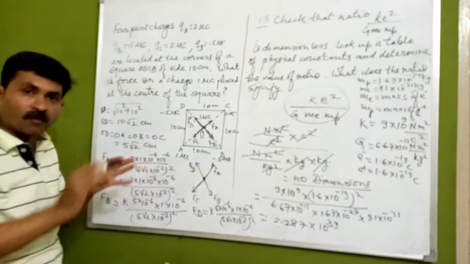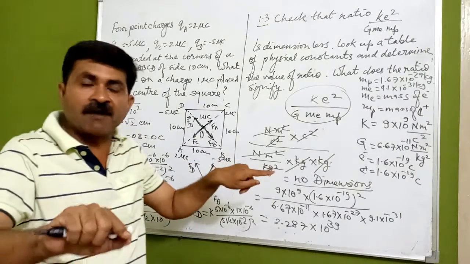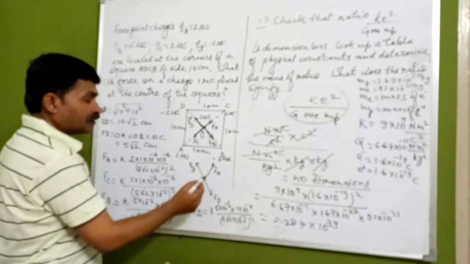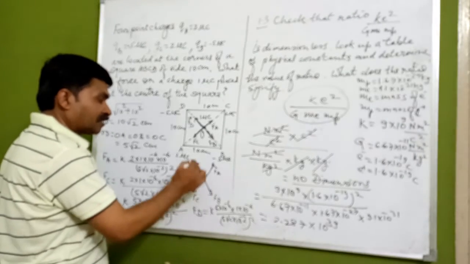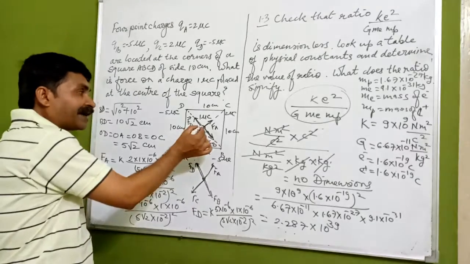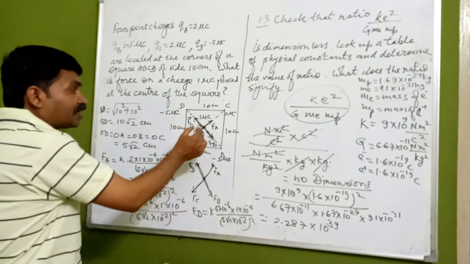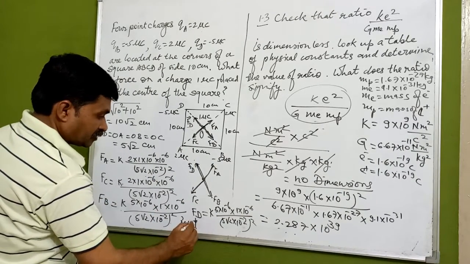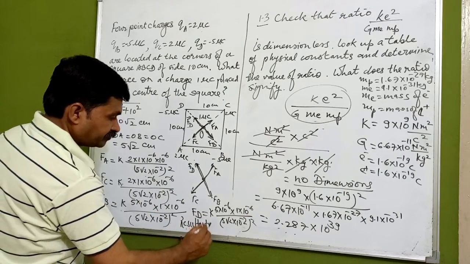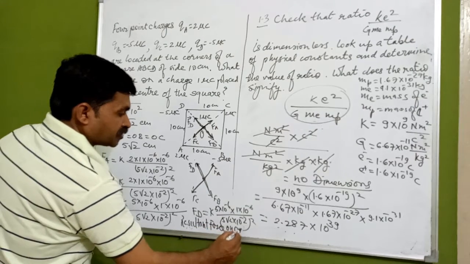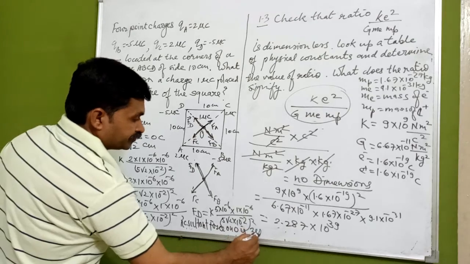Both forces are equal in magnitude and act opposite to each other, which means the resultant of these two forces is also 0. So we can conclude that the resultant force on O is going to be 0.